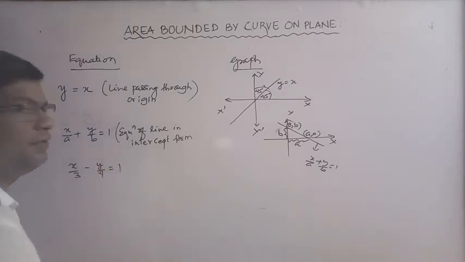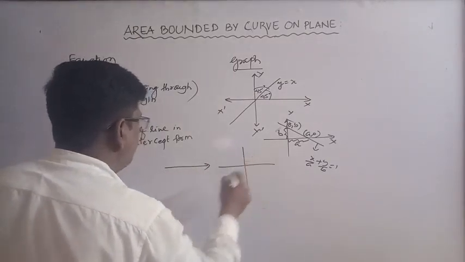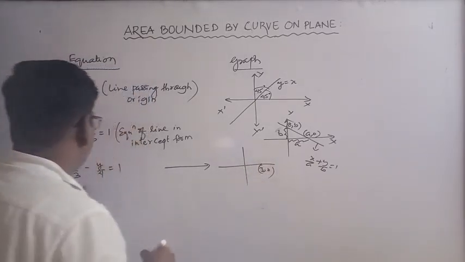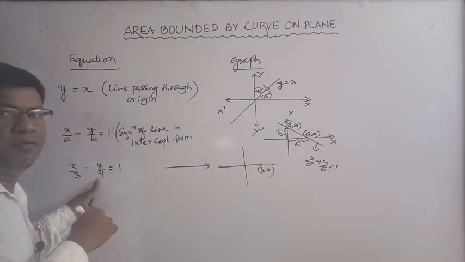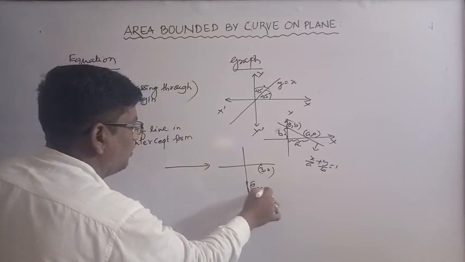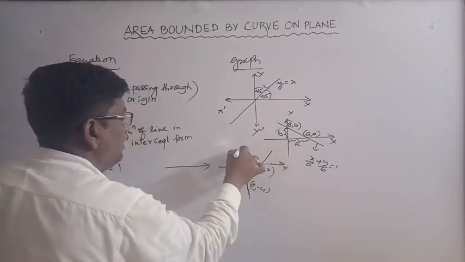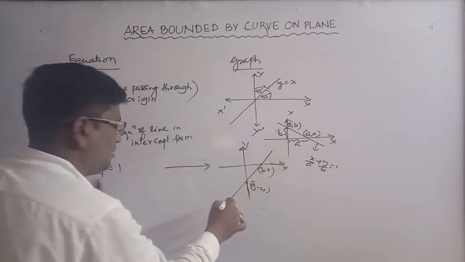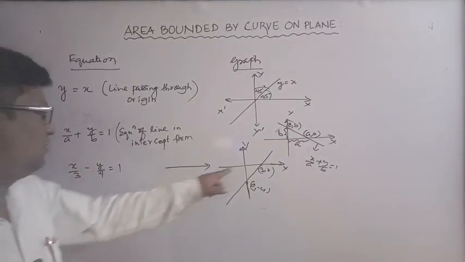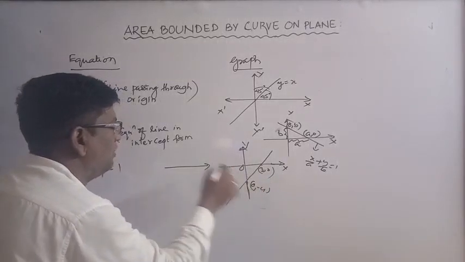Here x by 3 means the point 3, 0, and y by minus 4 gives the point 0, minus 4, and the graph is like this.